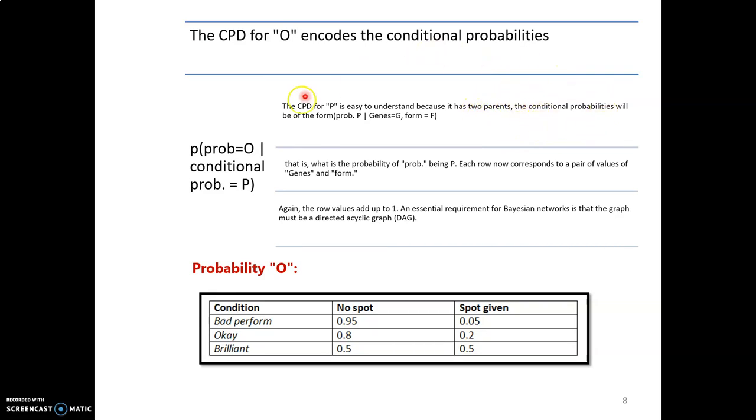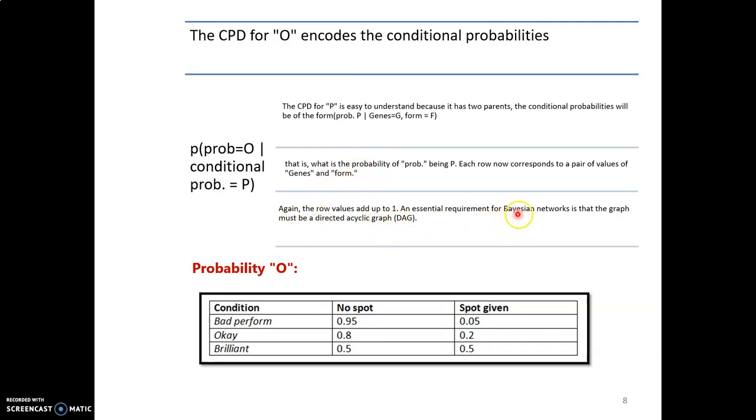The conditional probabilities will be of the form probability of B given genes equal to G, form equal to F. That is, what is the probability of beginning B? Each row now corresponds to a pair of values of genes and form. Again, the row values add up to 1.